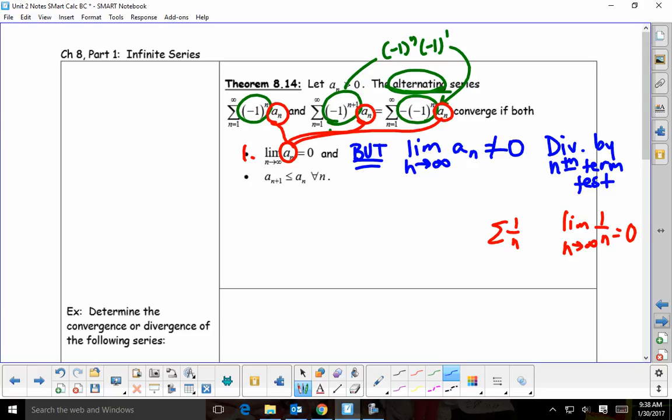But if I took that limit and it wasn't 0, then I know it's divergent. That's kind of nice. But if the limit equals 0, then I have to show one more thing. I have to show that the terms are decreasing. If I show 1 and 2, then what can I say? It converges by the alternating series test.